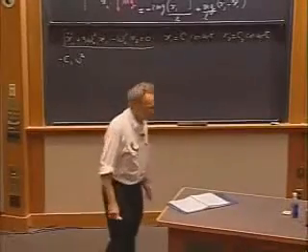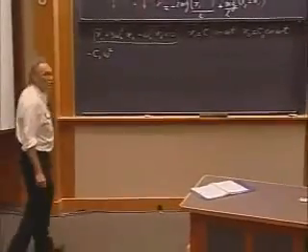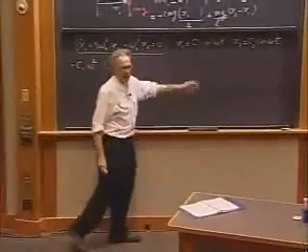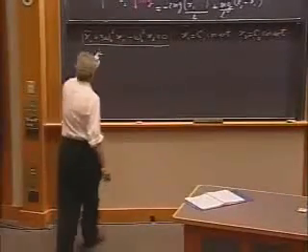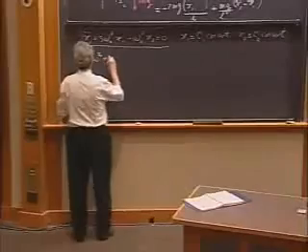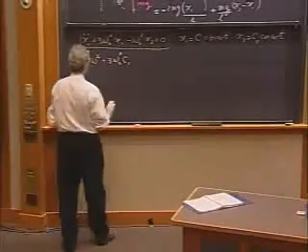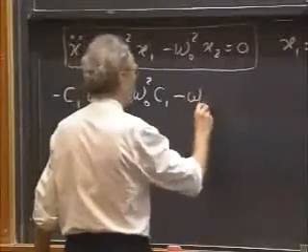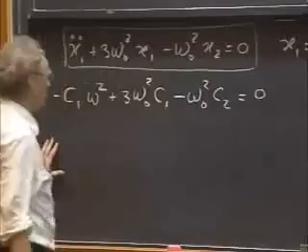I ditch the cosine omega t terms because I'm going to have a cosine omega t everywhere, so I'm not going to write down the cosine omega t. I have here plus 3 omega 0 squared times C1. I have here minus omega 0 squared times C2, and that is 0.